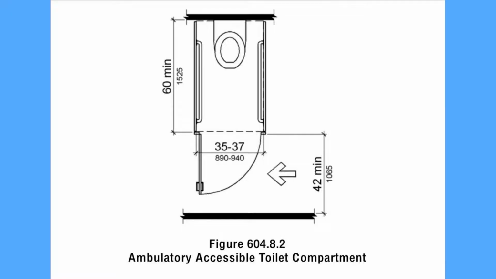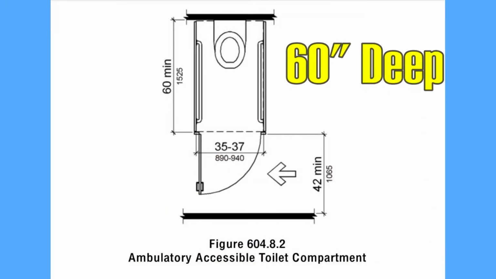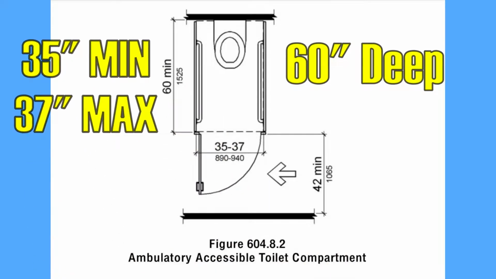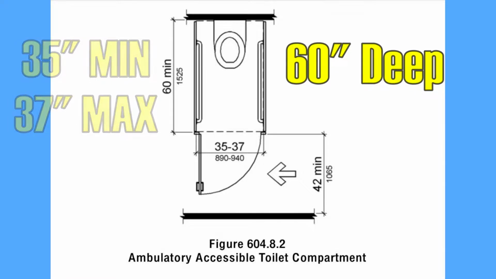A toilet room with 6 or more fixtures, any combination of water closets and urinals, must provide one ambulatory accessible compartment. The ambulatory stall must be a minimum of 60 inches deep and a width of a minimum of 35 inches and a maximum of 37 inches.